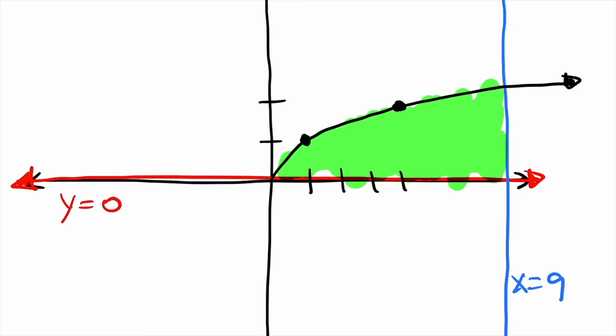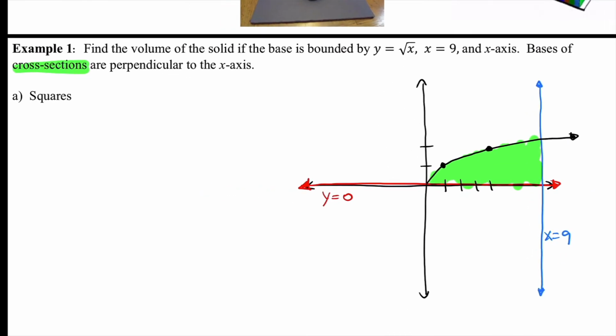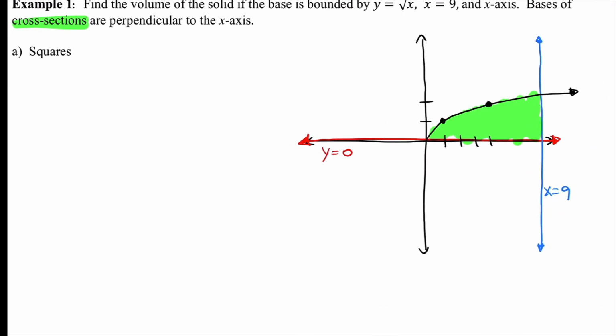Okay. So if you look at the formula, we're going to have to find area of one of those squares. So we need to find area. Okay. So this is what it looks like, right? So let's set up what we need. So we need volume equals integral from A to B of the area of one of those squares.